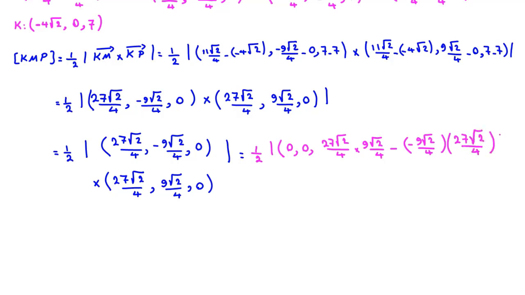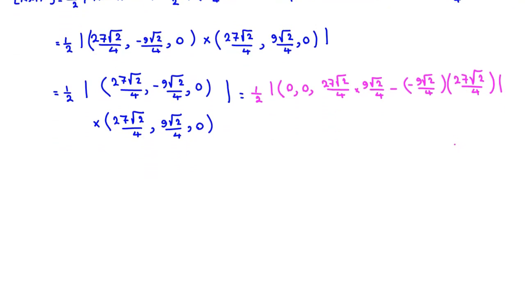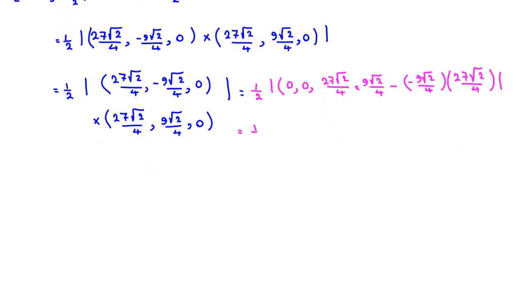You need that when you have 3D, you want to find area of a triangle. So let's calculate. It will be 1/2, 0, 0. 27 times 9 is 243, times 2 over 4 times 4. We can cancel this, it will be 2, the denominator will be 8. Minus minus plus 9 times this, again 243 times 2 over 4 times 4.